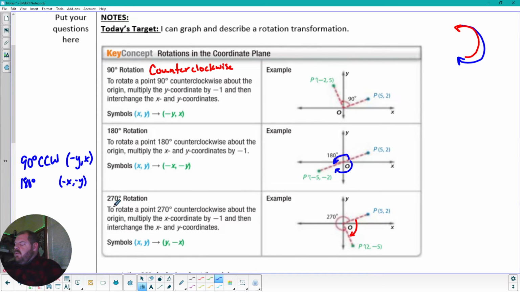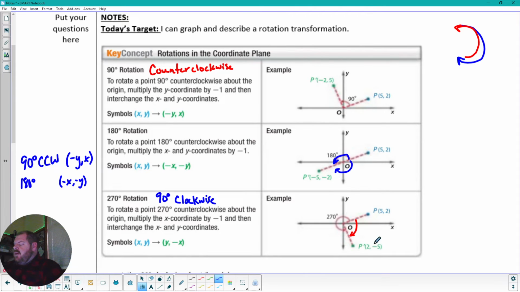The last one that we have is what they call a 270-degree rotation. What we'll probably see more often is it says that it's a 90-degree clockwise rotation. Okay, 90-degree clockwise rotation.